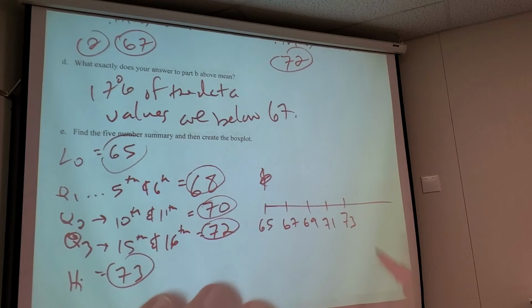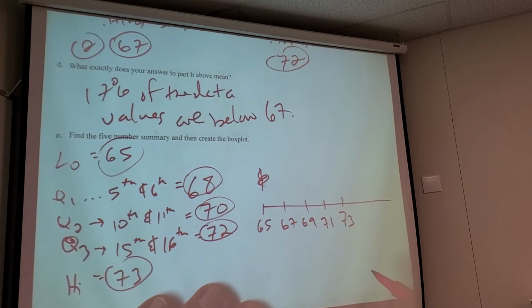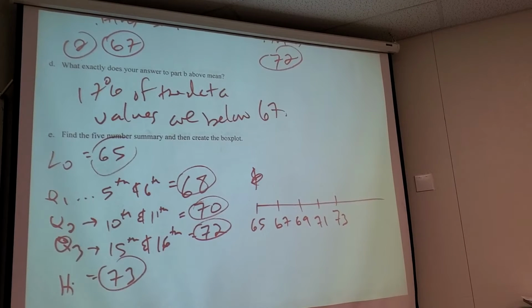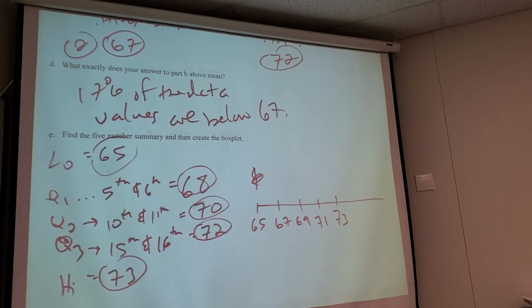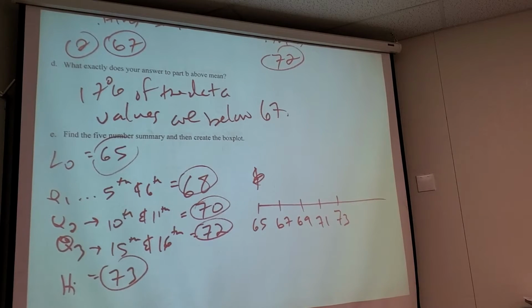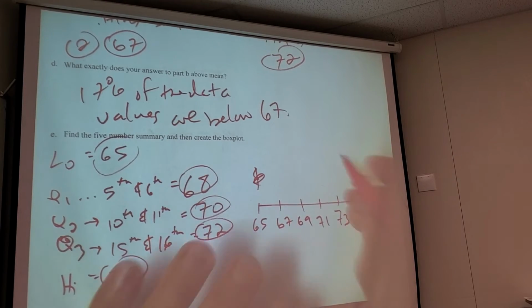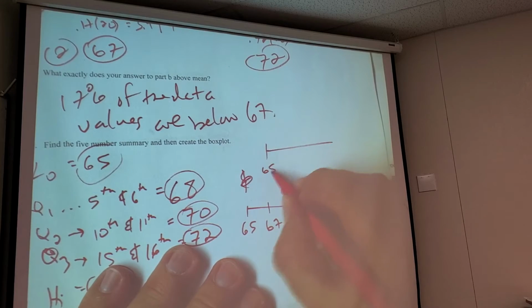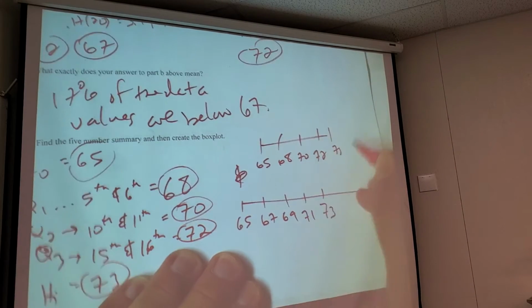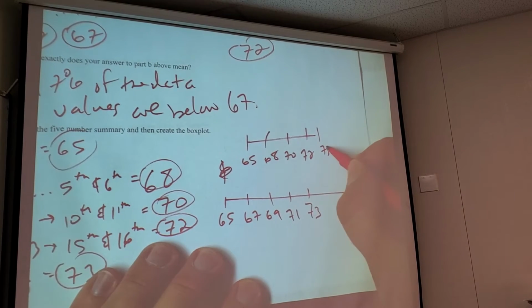Is it okay if we plot all the numbers? The most important thing is your scale must be consistent. Otherwise, your picture is not really representative. So what I'm saying is, I love it when people just do this. What's the scale there?